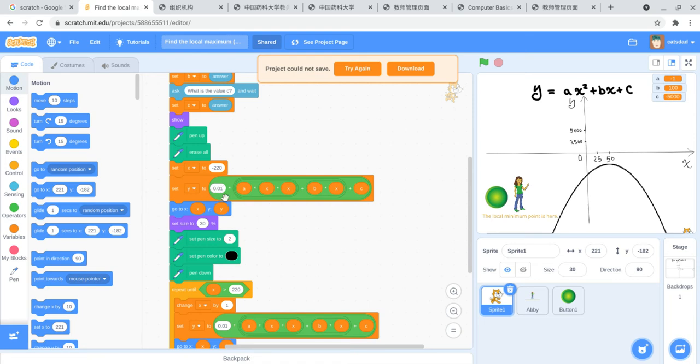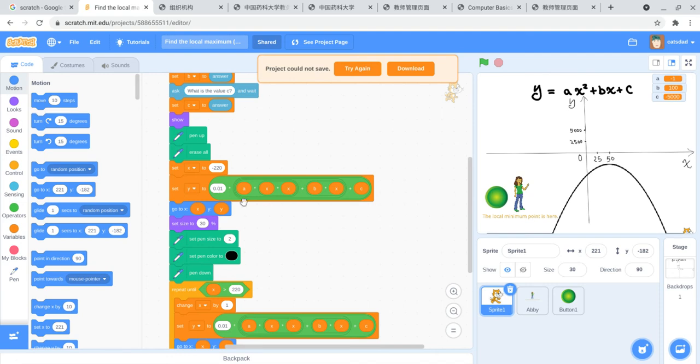That is to make the y coordinate not too big, because when you draw the graph, if the y coordinate is too big, it is outside the range of this screen. The screen is around a square, so the range for x is around negative 220 to 220. To make the y coordinates not go beyond the screen, we need to shrink them. This is a factor to shrink it.